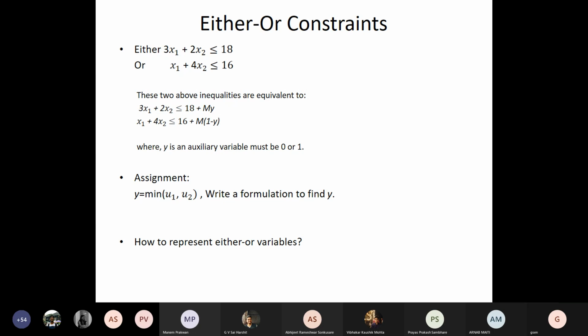So I want to put this entire thing in the format of an optimization program, where some objective should be there, some constraint should be there, decision variables should be there. So how to write a formulation of such kind?